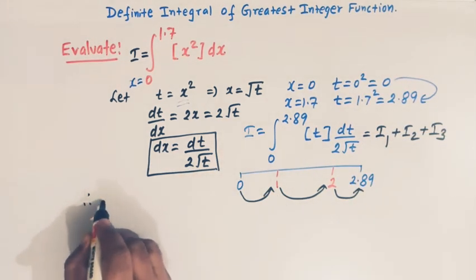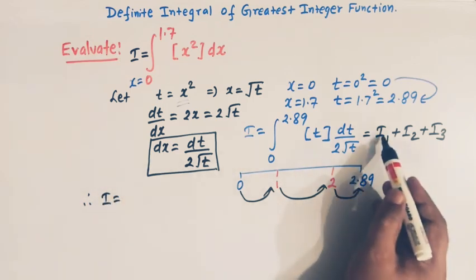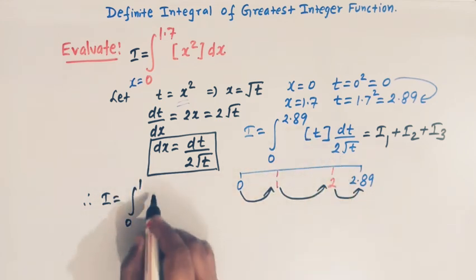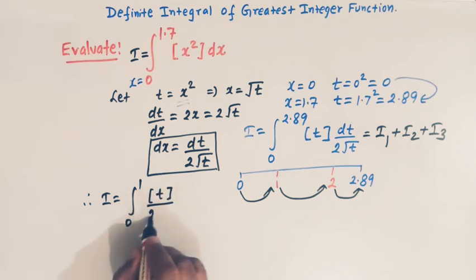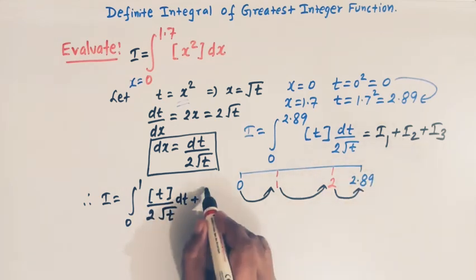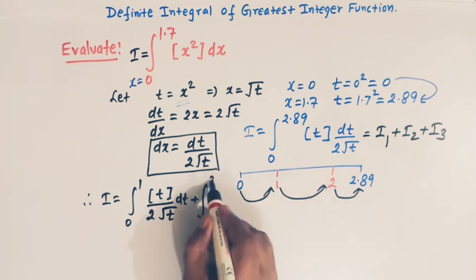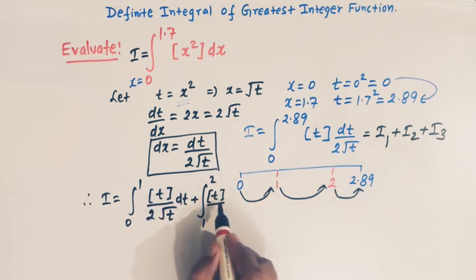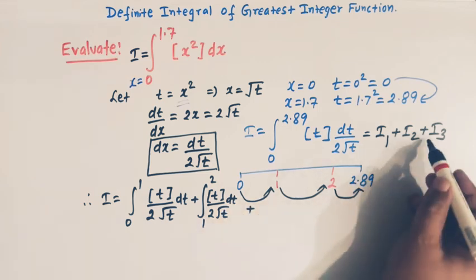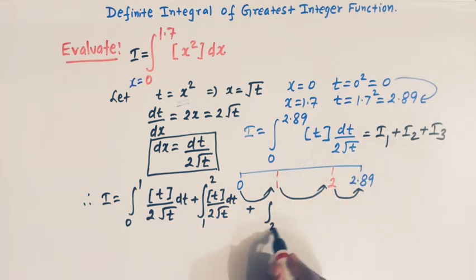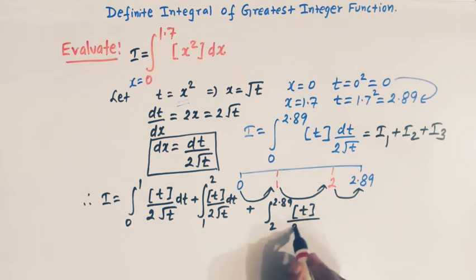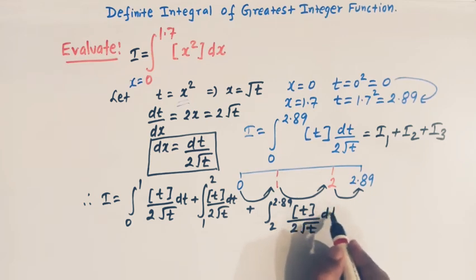So now we can write I is equal to I1, which is from 0 to 1, and the integrand is greatest integer t over 2 times square root of t dt, and I2 is from 1 to 2, and we have here greatest integer t over 2 times square root of t dt, and I3 is from 2 to 2.89, and here we have greatest integer t over 2 times square root of t dt, right?